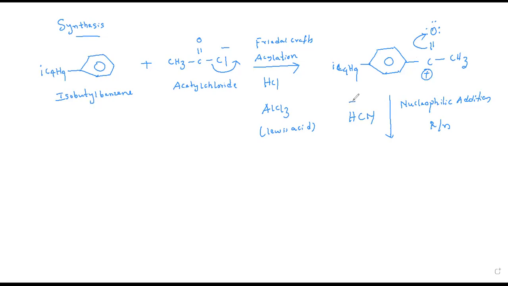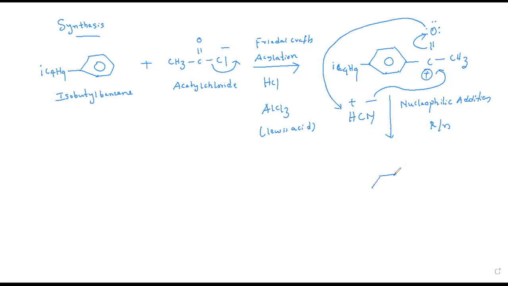Here hydrogen cyanide will also undergo dissociation to form H plus and CN minus. So this CN minus will migrate towards the positively charged carbon, and this H plus can be stabilized by the extra lone pair of electrons present on oxygen.